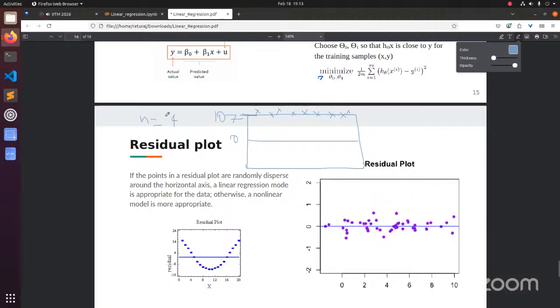Does the degree 4 polynomial fit this data properly if the residual plot looks like the one that I showed?